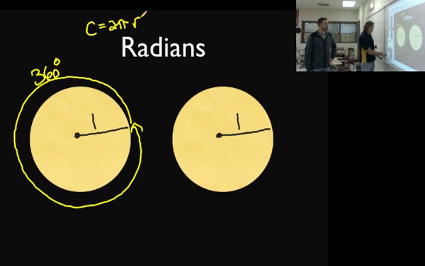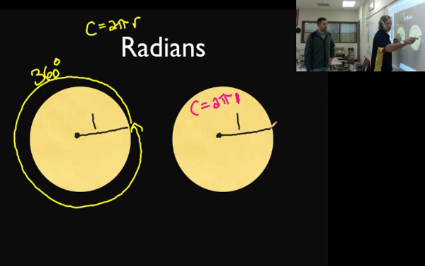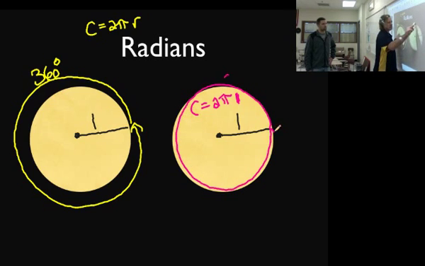So the circumference of this circle would be 2 times pi times the radius, which is 1. 2 times pi times 1 is just 2 pi. So the circumference all the way around this circle is also called 2 pi.